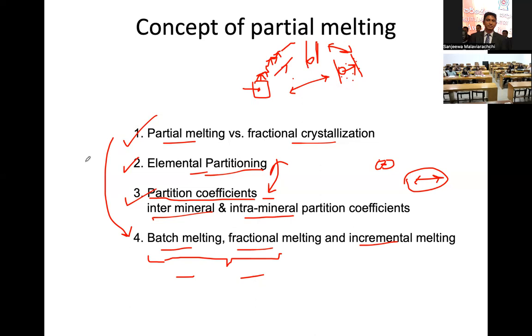For example, some trace elements as well as some trace element ratios can be used to determine whether a particular basalt or a particular melt or magma is coming from a mid-ocean ridge setting or island arc setting or OIB, oceanic island basalt type. We can determine based on these behaviors.